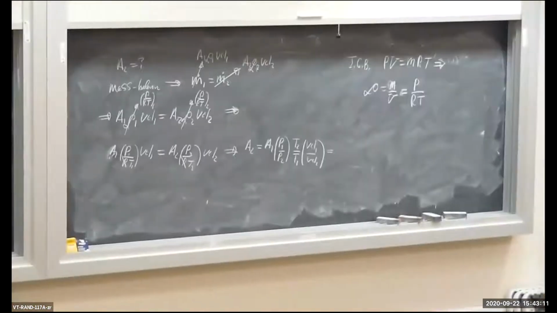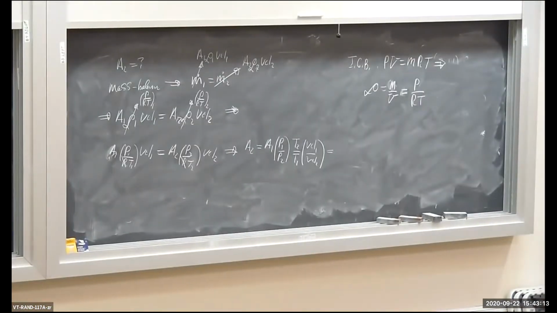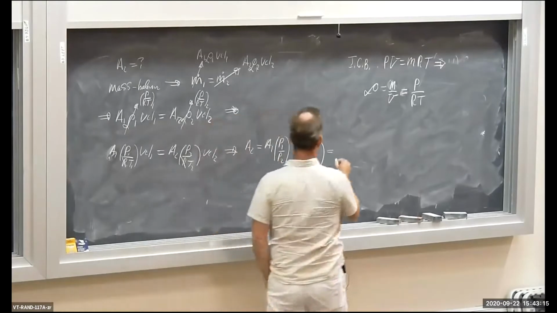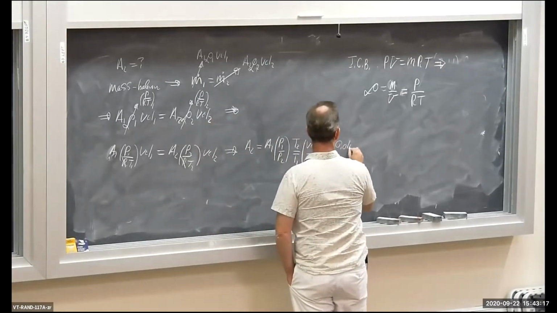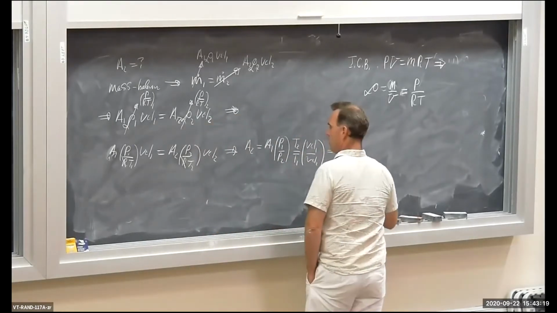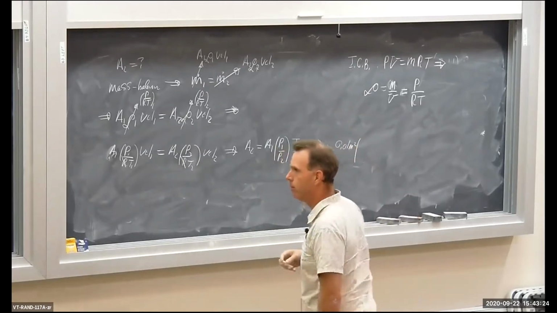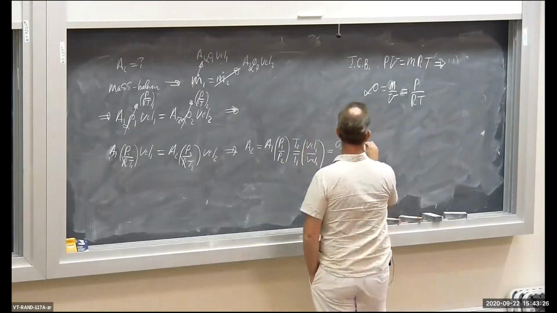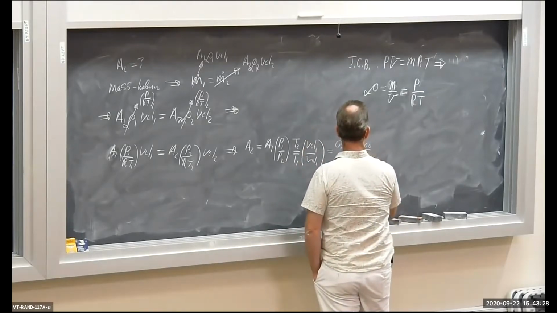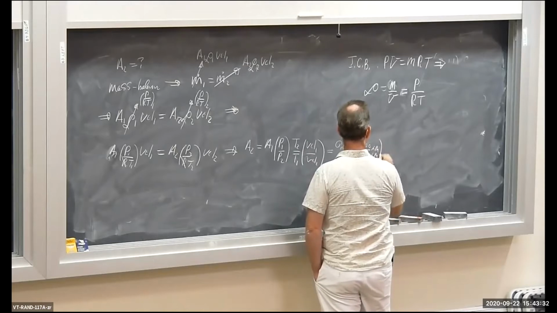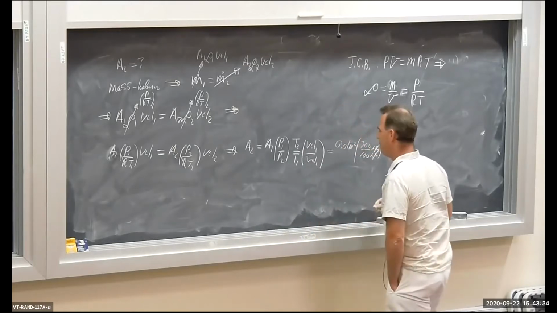We have everything. 0.01 square meters, pressure ratio 300 over 100 kPa, kPa's cancel out.